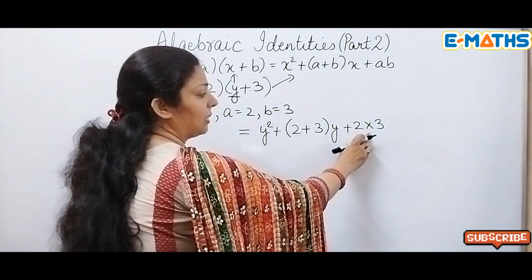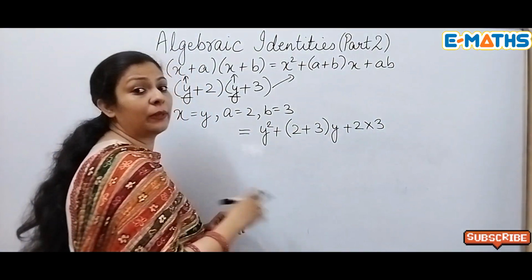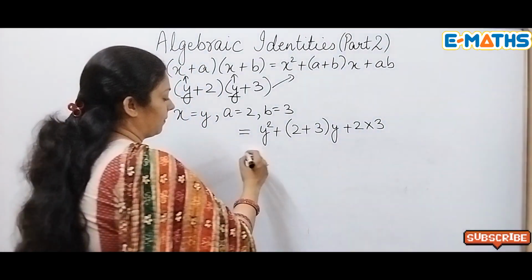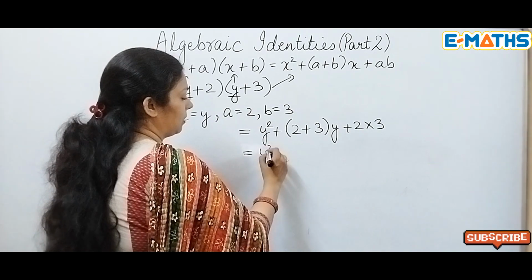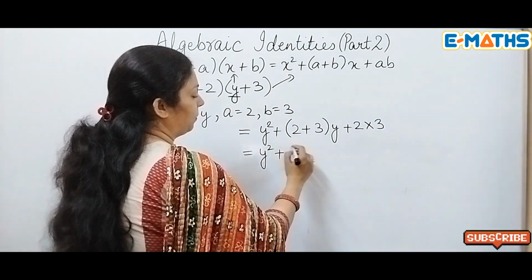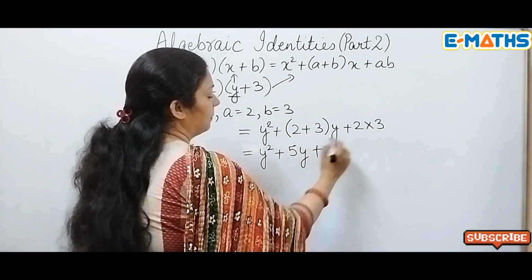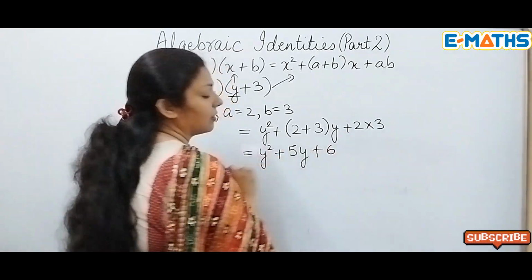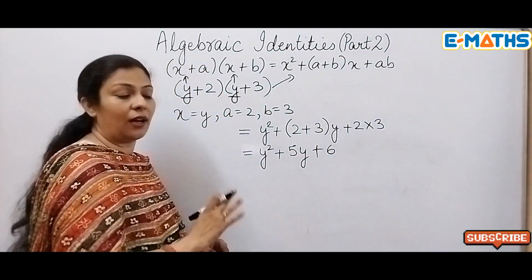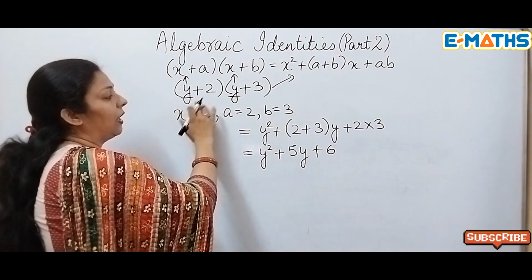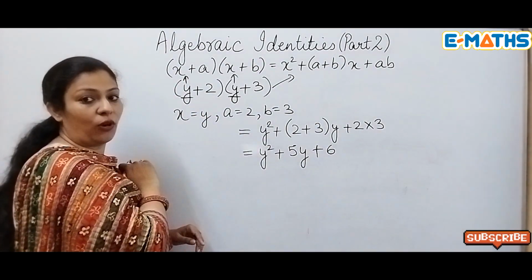If you don't put this multiplication sign, it will become 23, which will be absolutely wrong. Now you can simply solve. Open up the bracket, 2 plus 3 is 5, so 5y, plus 2 3s are 6. So that's the answer when you have the question in this form.